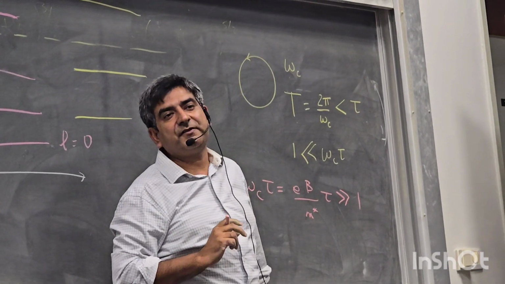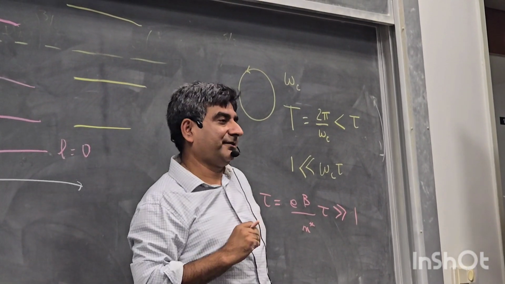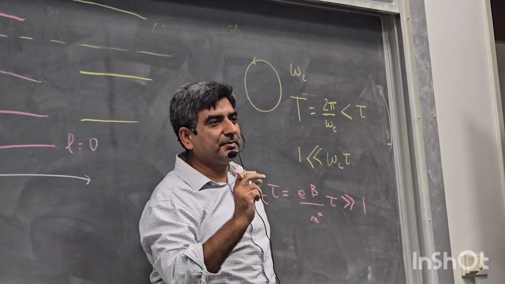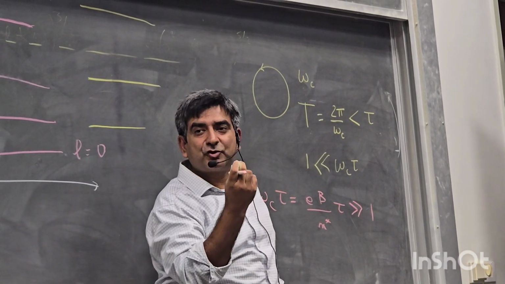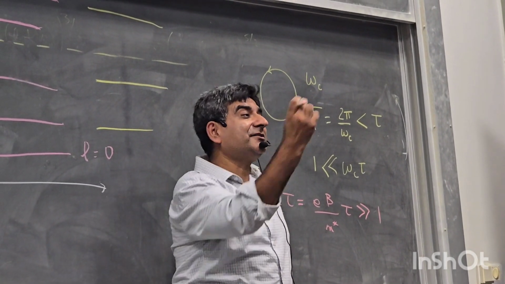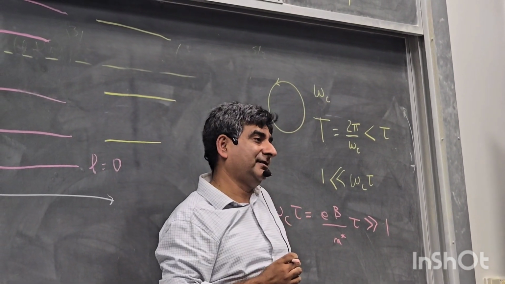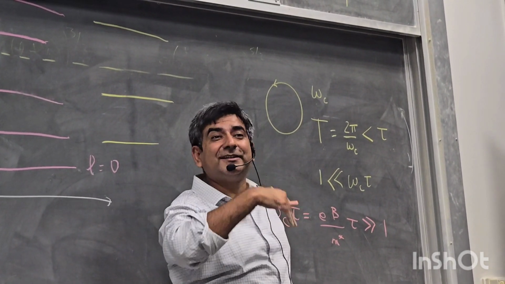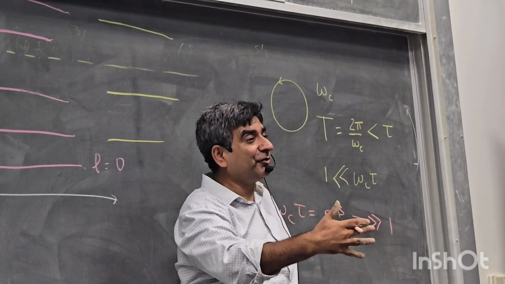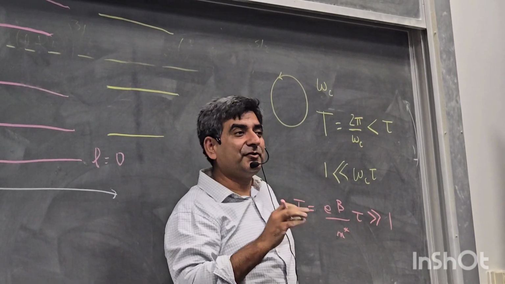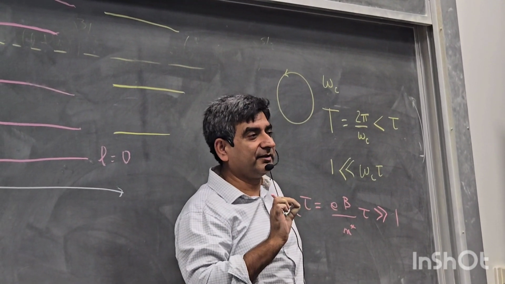And that can be achieved in semiconductors. For example, many semiconductors have an effective electron mass of just 1% of the mass of the electron. Light holes. In semiconductors there are electrons and there are holes, heavy holes, light holes, all kinds of quasi-particles.